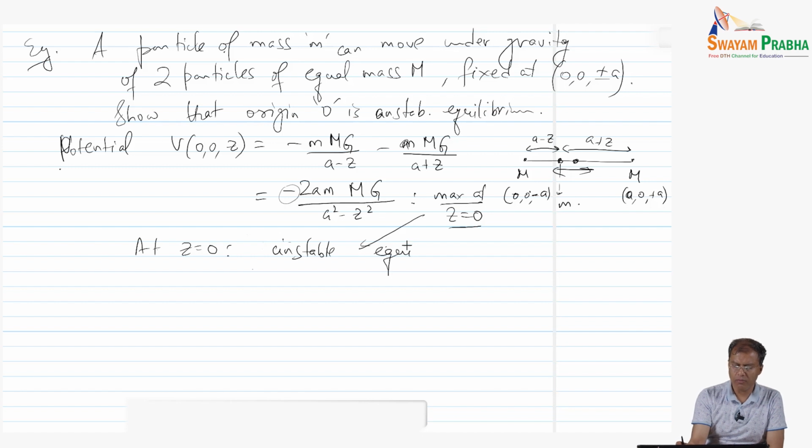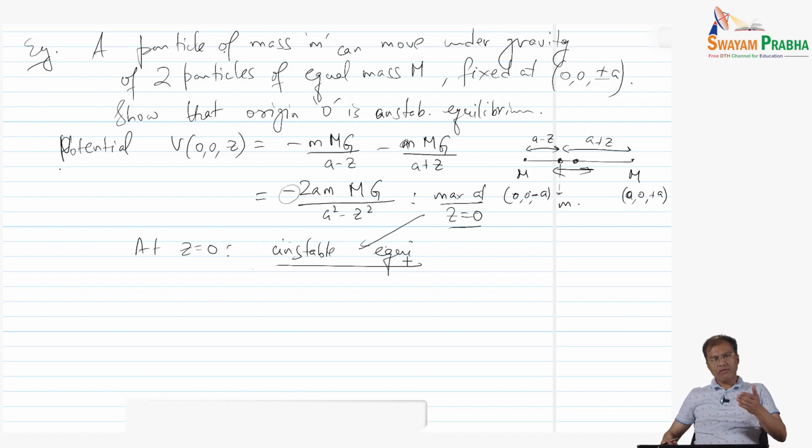Whenever we have a minima of the potential, it is stable equilibrium; a maxima of a potential is unstable equilibrium.